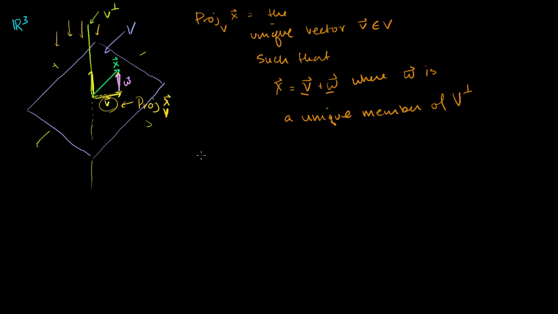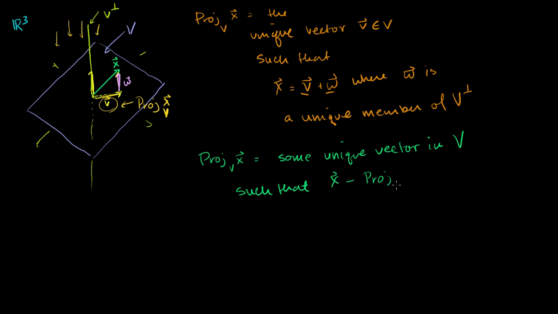This is identical to saying that the projection onto the subspace of x is equal to some unique vector in V such that x minus the projection onto V of x is orthogonal to every member of V. Because this statement right here is saying any vector that's orthogonal to any member of V says that it's a member of the orthogonal complement of V.